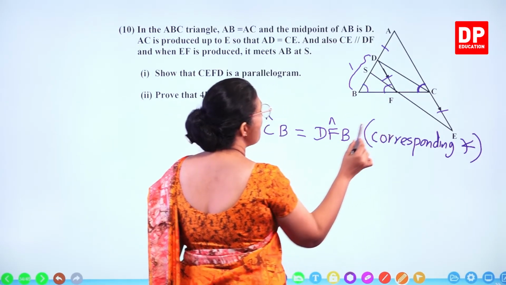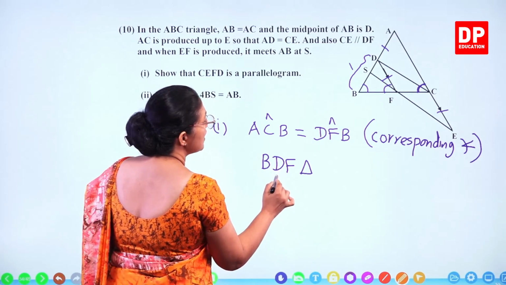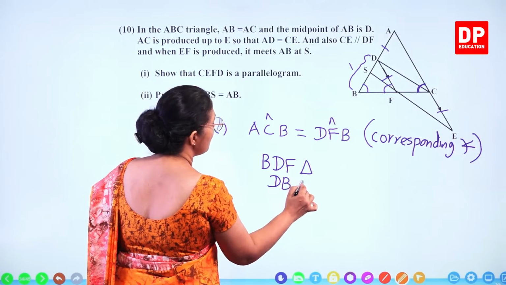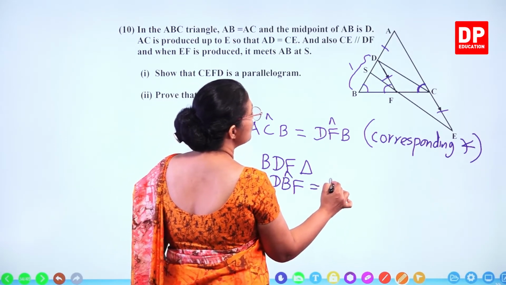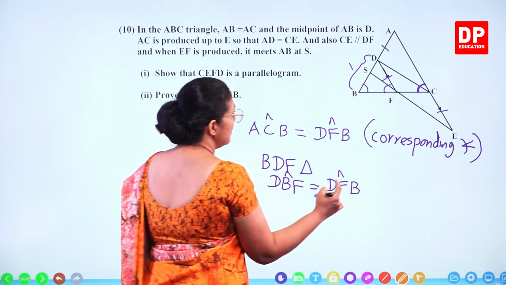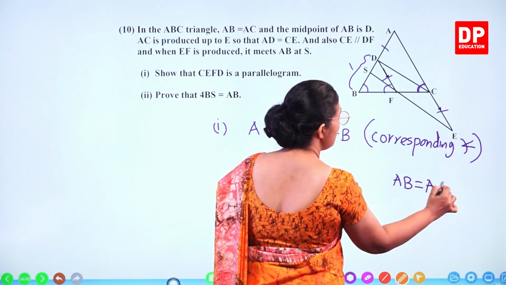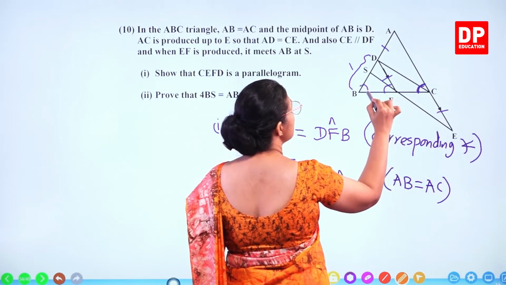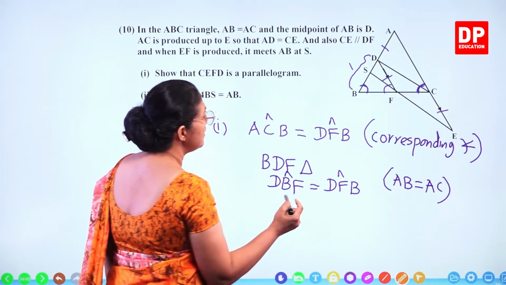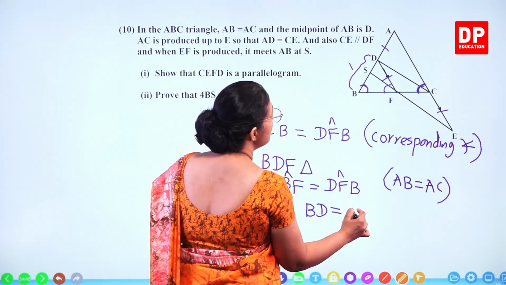Then from BDF triangle, we can see DBF angle is equal to DFB angle because AB is equal to AC, because we found out this angle is equal to this angle. Now BDF is an isosceles triangle, so therefore BD is same as DF.